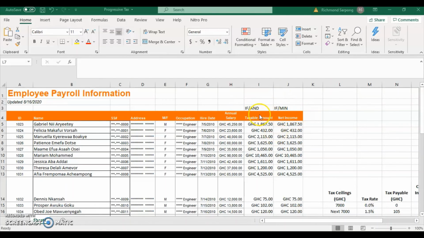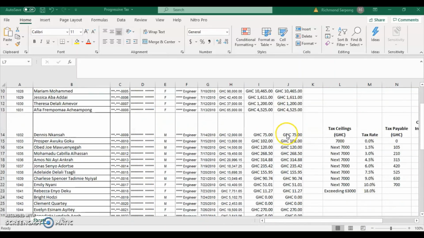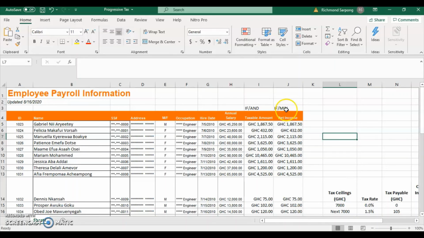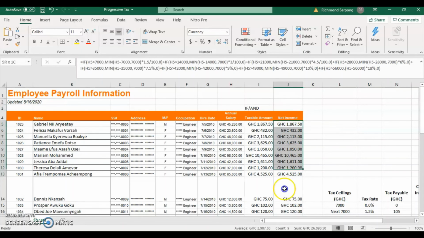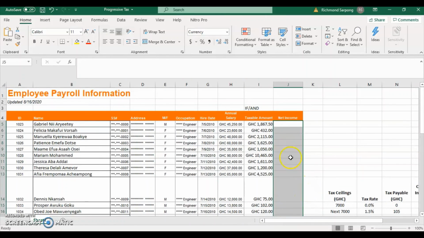After I'm sure that both functions are correct and accurate in nature, I would have to calculate the net income for every user, which is the final stage.